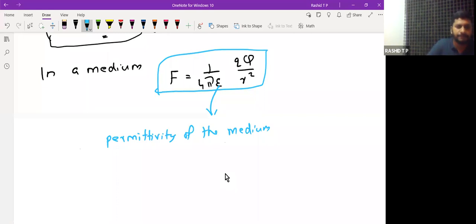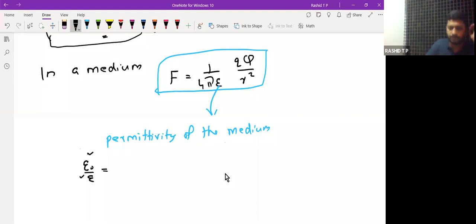Now, there is a relation connecting these. I'm not going to explain the origin of this relation; straight away, I'm writing it. Epsilon 0 divided by epsilon, that is, the permittivity of free space with respect to the permittivity of the medium.